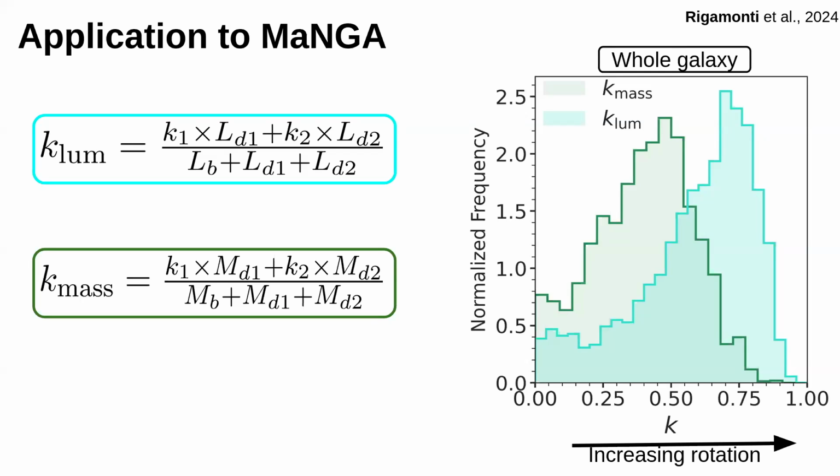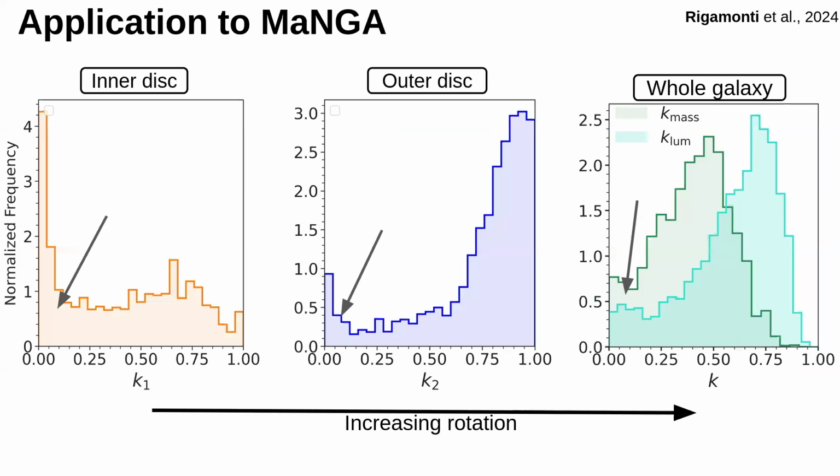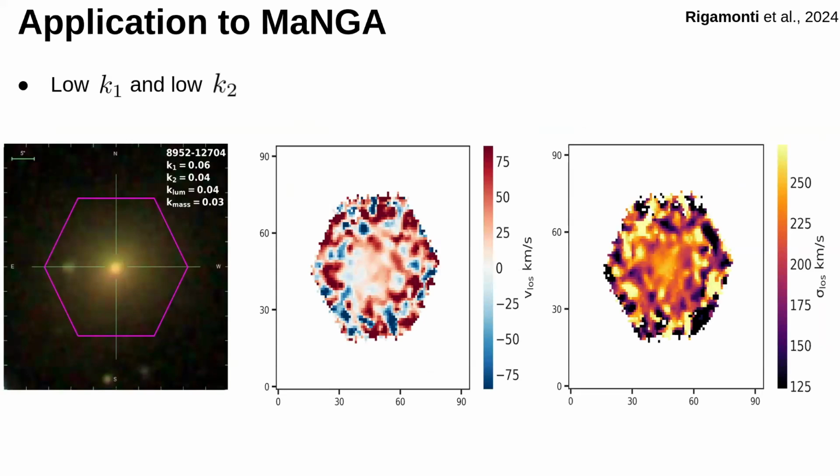Now, the first example that I want to show is a galaxy for which all the kinematic parameters are close to 0. And here, we observe a galaxy with no clear rotation and with relevant velocity dispersion. So this is a galaxy which is a spheroid, a fully dispersion supported galaxy. You may ask, if it is fully dispersion supported, why don't you prefer a model with a single bulge component? And the reason comes from our assumption of the bulge.